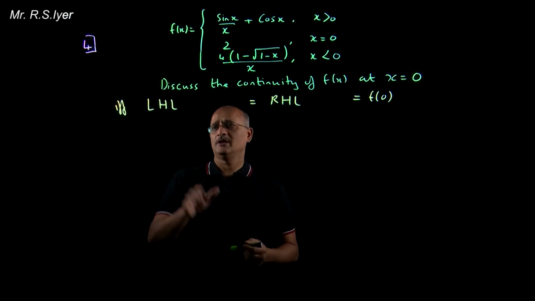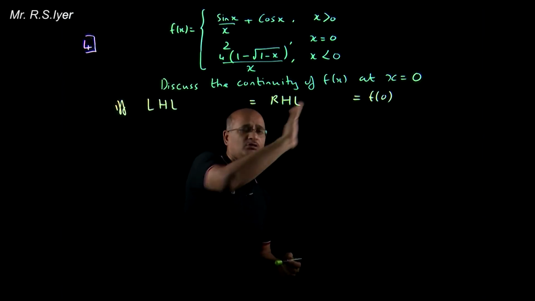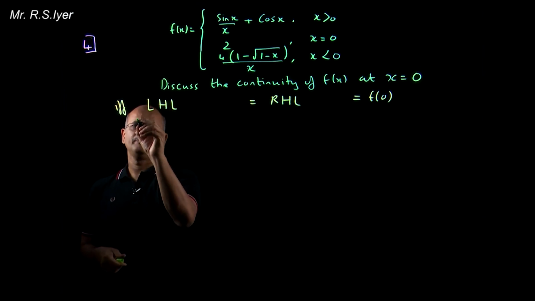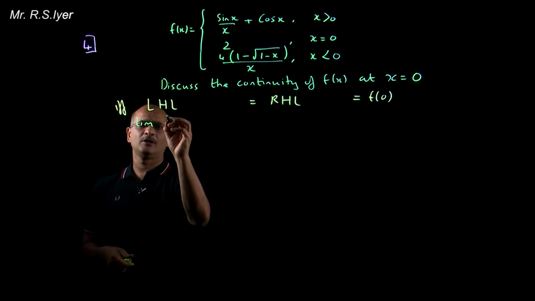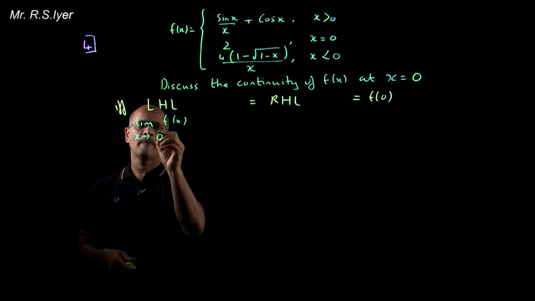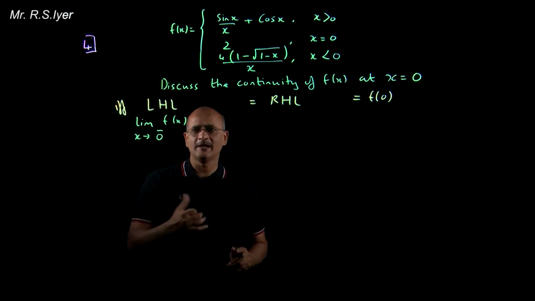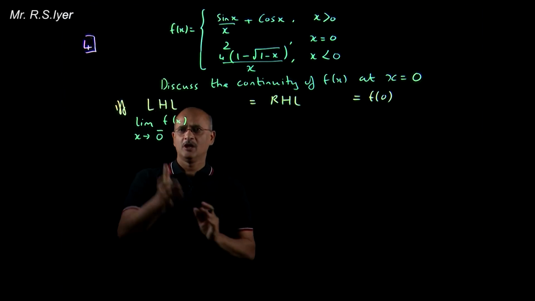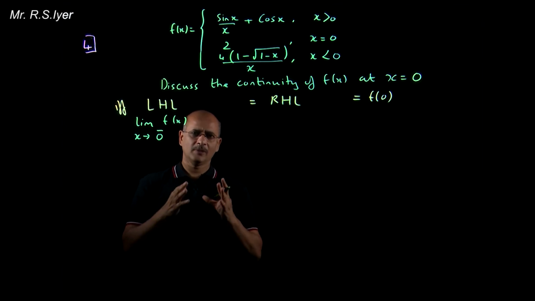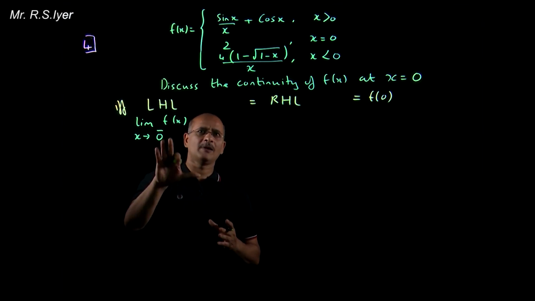So the first thing is the left hand limit at x equals to 0, that is, left of 0. This is nothing but the limit of f of x as x tends to 0 bar. Let us begin with the solving part. When I say the limit of f of x as x tends to 0 bar, children, the point I want to show is 0 bar, left of 0.